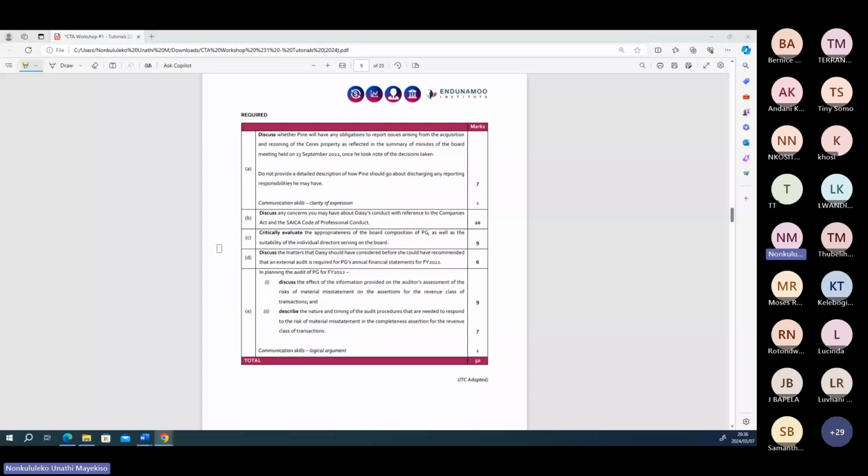Then they tell us, do not provide a detailed description of how Pine should go about discharging any reporting responsibilities he may have. And they've asked us to do that for 7 marks. So based on the things that we discussed around Pine, do you believe that we've generated 7 or more marks in relation to Pine's responsibility?